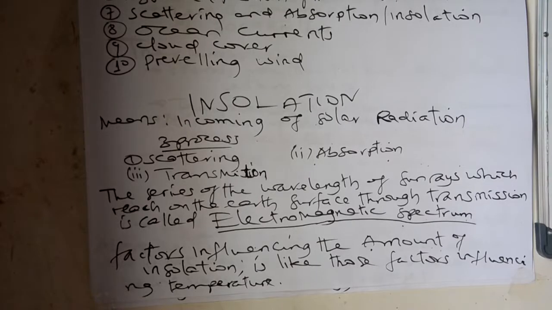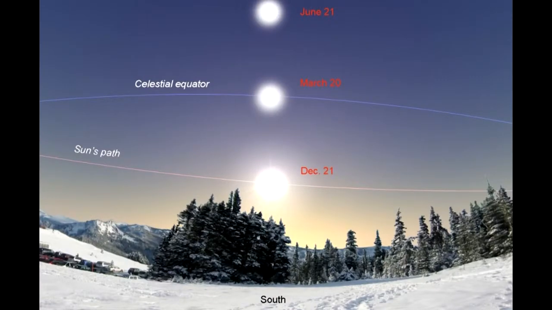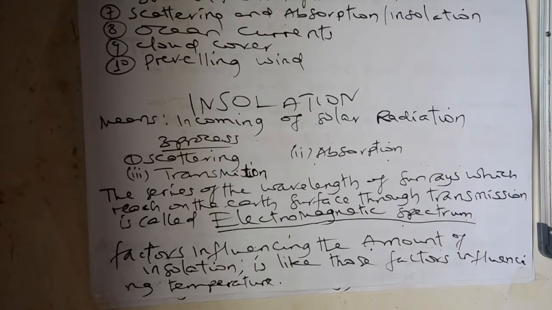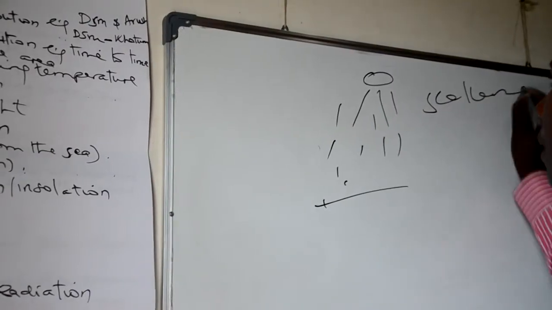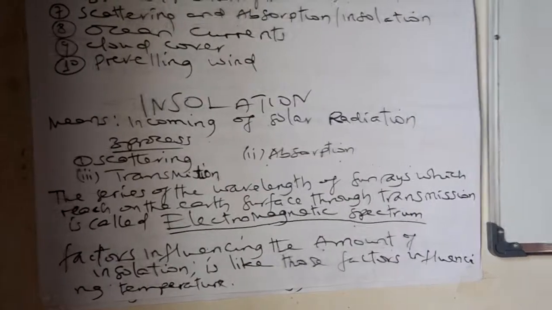Insolation means incoming of solar radiation, and this incoming sun radiation consists of three processes: scattering, absorption, and transmission. Scattering is when the sun's rays come from interplanetary space toward the Earth's surface.